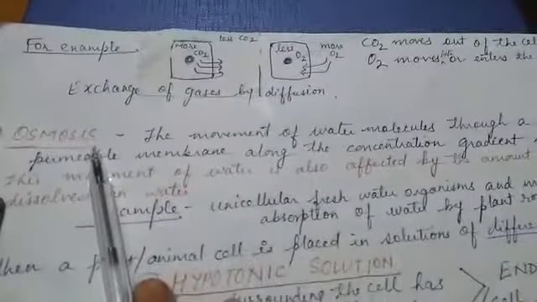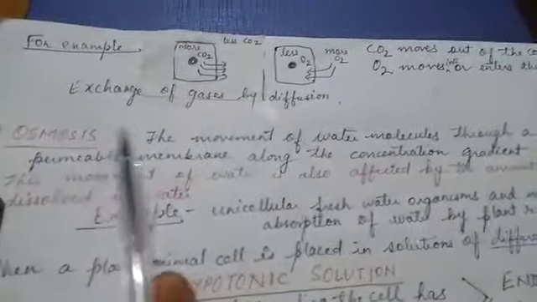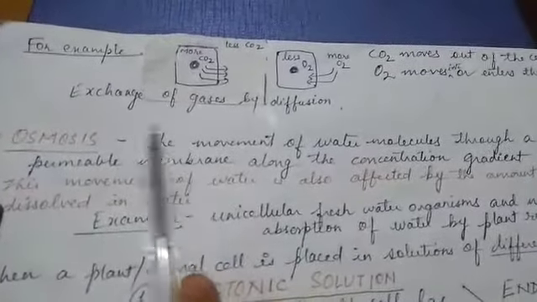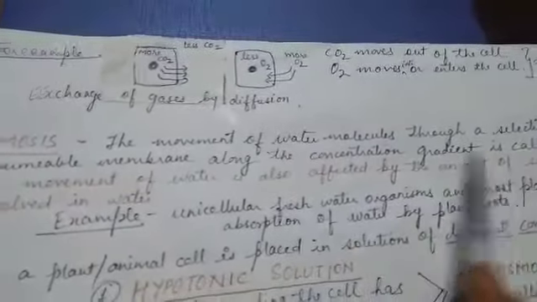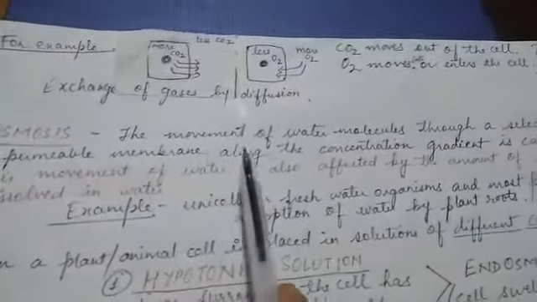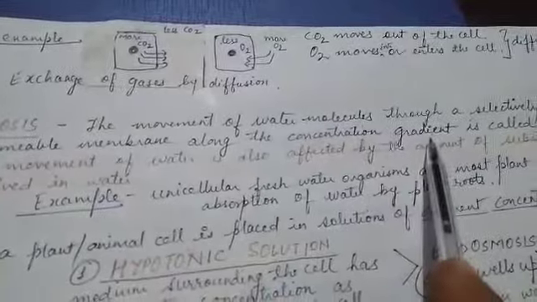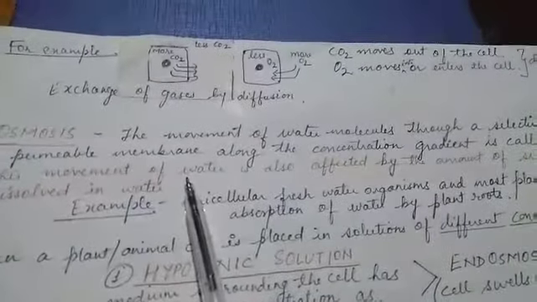Now second is osmosis, how the movement of water molecules takes place in cells. The movement of water molecules through a semi-permeable or selectively permeable membrane along the concentration gradient is called osmosis.